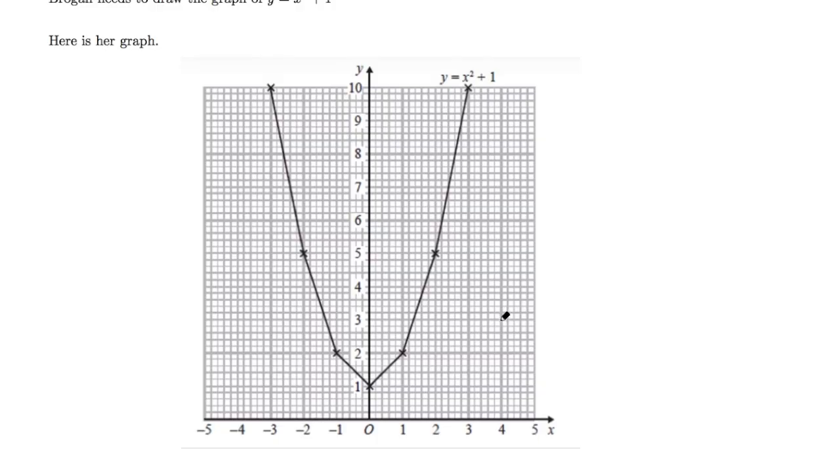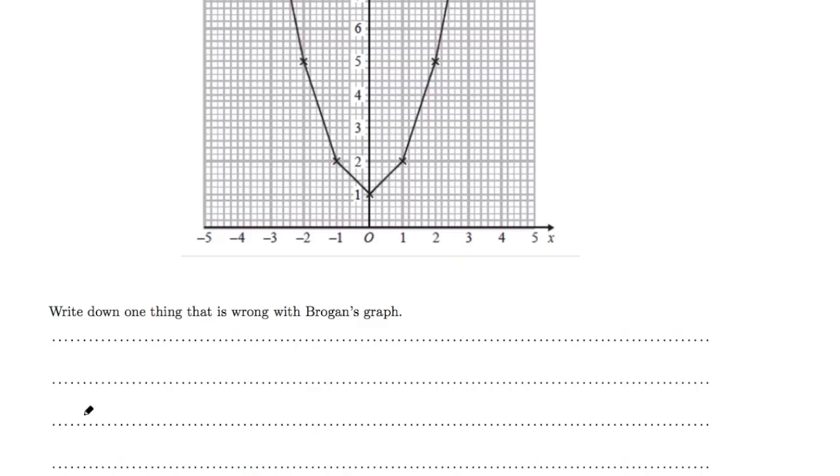But there's one thing jumping out at me, and I hope it's jumping out at you, is that she's ruled in the lines. And you just can't rule in the lines on a quadratic curve because it is a curve. It's not made up of straight lines. So I'd say that she hasn't sketched the curve. So the curve is not sketched.